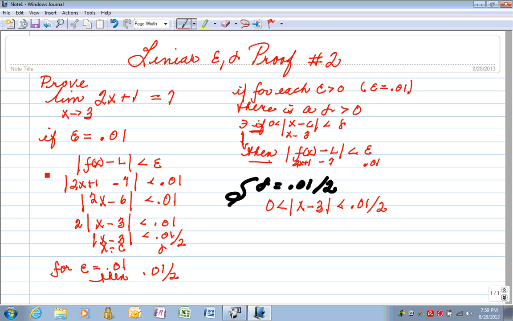The first time we went basically backwards. Here was the then, we went to the if, now we're going to the if, then we're going to the then. Multiply by 2. Get your 2x minus 6. Look at how I'm retracing my steps here.